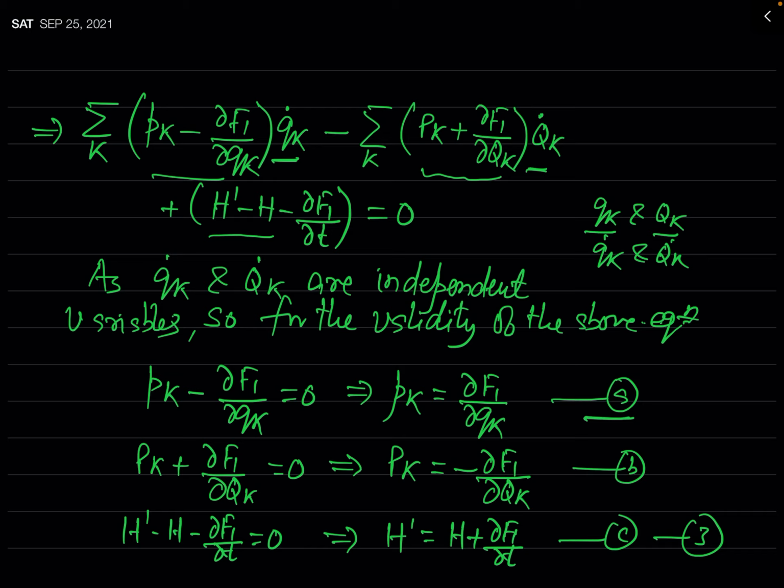So in fact by the process of integration, or simply solving this equation 3a, it is possible to find Qk as a function of small qk and small pk. And similarly solving the equation 3b, it will be possible to find the value of capital Pk.